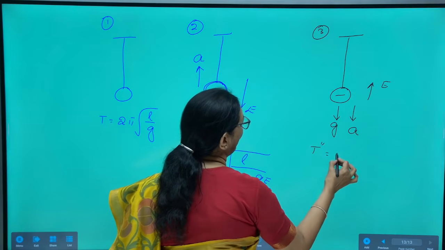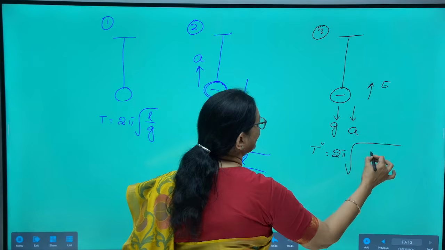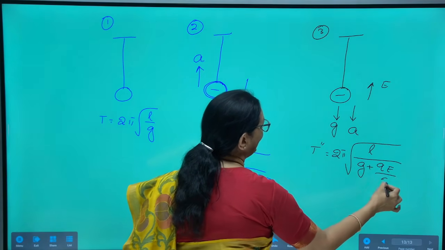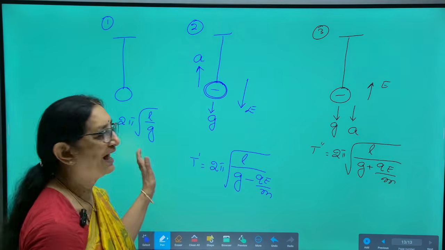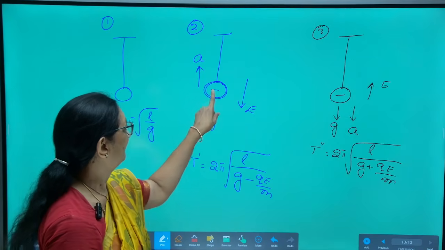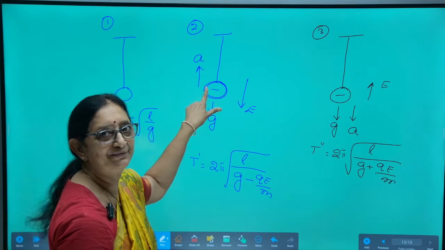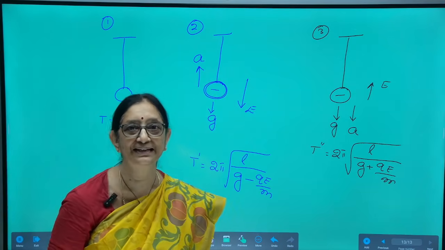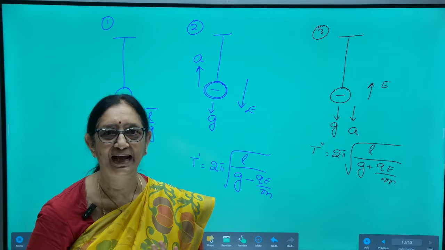Then T double dash is equal to 2 pi square root of L by (g plus QE by m). So you have to be very careful about the nature of the charge given to the sphere and also the direction of the electric field applied.